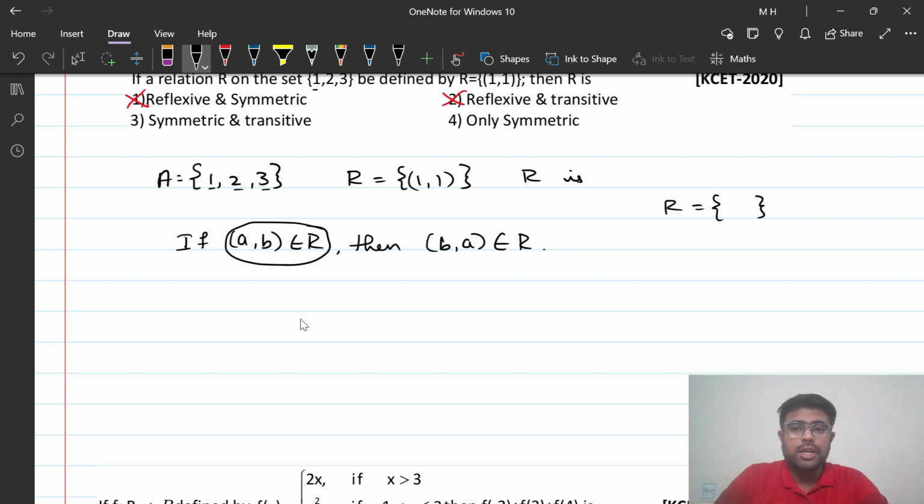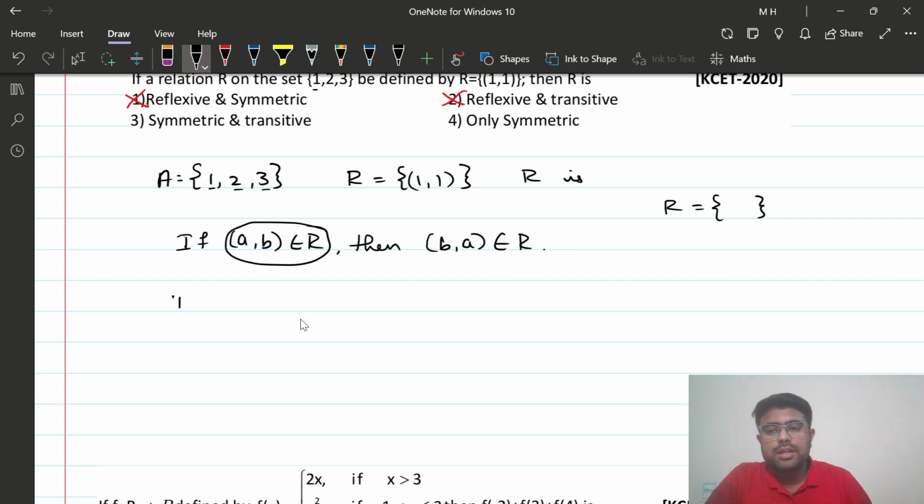But is it symmetric? Yes, it is symmetric. What does the symmetric condition say? If AB, then search for BA. If there is no AB at all, then by default it is going to be symmetric. You cannot say it is not symmetric. I hope my point is very clear. If you have AB, then you have to find BA. If there is AB and there is no BA, then it is not symmetric. But if there is no AB at all, then by default it is symmetric. We need not worry about the presence of BA here.